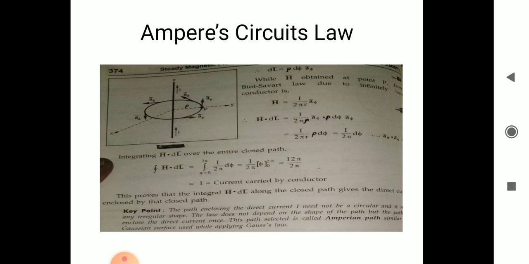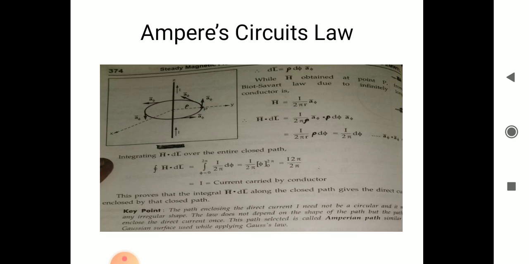Of course, some people take this as r, some people say it is rho. In my lecture, I am taking rho and r interchangeably, don't worry about it. The path encloses the straight conductor carrying direct current I. The point P is at a perpendicular distance rho from the conductor.